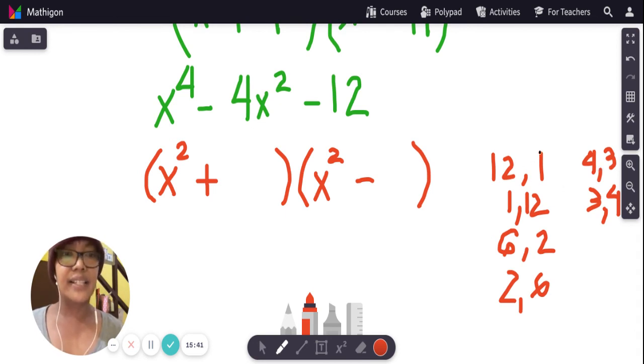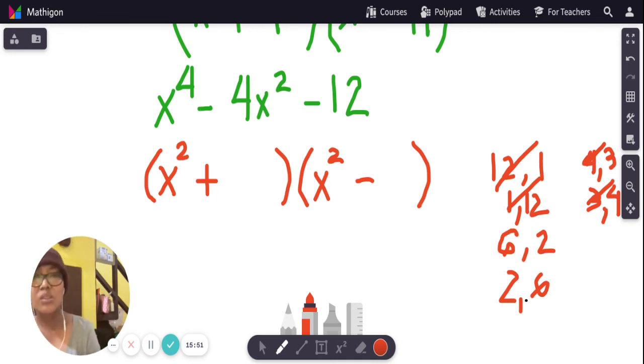This is negative 11 or positive 11, so therefore you eliminate this. Babagsak po kayo sa 6 and 2 and 2 and 6. So ang tanong, which one will you put in the negative sign? Okay, since here is negative, the highest number will be your negative operation.